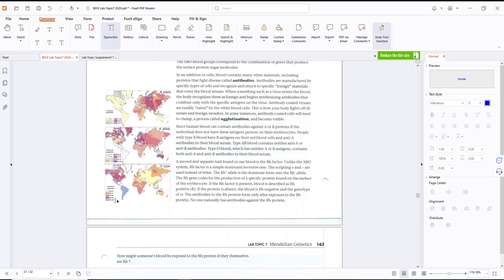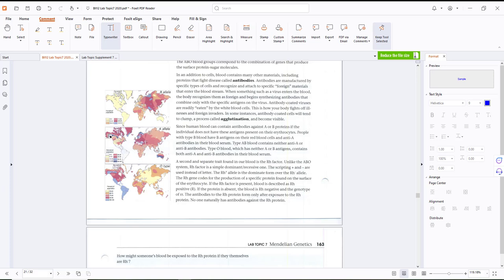O is the most common. I think it's about 40% of the population are O. But as far as A versus B and so forth, you can see the B allele tends to be a little bit more common in Asia. A tends to be a little bit more common in European descent.